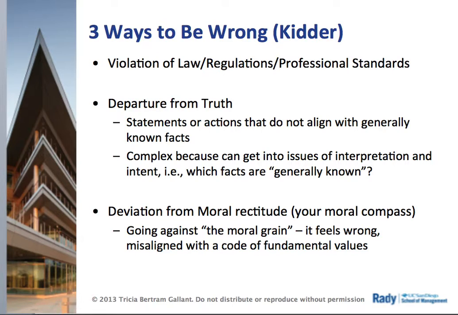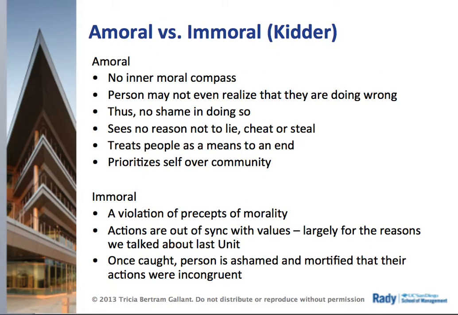And this is extremely important, and it kind of goes back to what we talked about last week from Bazerman and Ten Brunzel on why we fail to be ethically sensitive or see an ethical or moral issue when we're facing one. It's not usually because we are amoral, which is defined by Kidder as someone with no inner moral compass or no sense of shame or remorse, but because we are immoral.